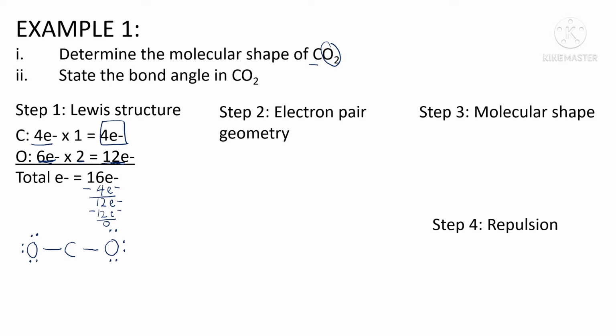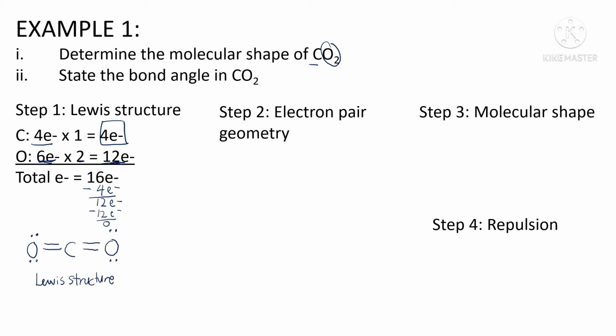Then we need to move on to look at the central atom. So carbon, central atom, not yet octet. So how to make it octet? By using the lone pair on the terminal atom, making one multiple bond, and the carbon still not yet octet, so we need to use another lone pair on the oxygen to make another multiple bond. Then the central atom is octet, and therefore this is the Lewis structure for carbon dioxide.